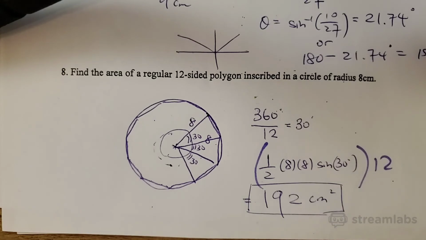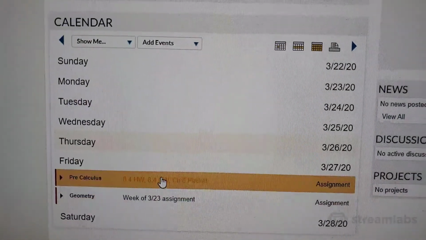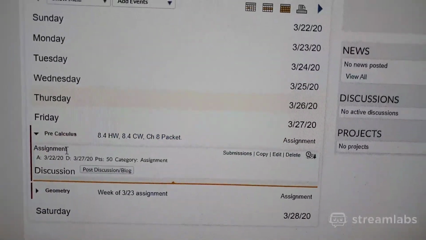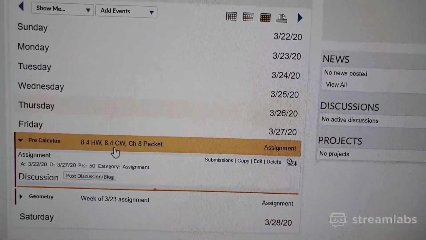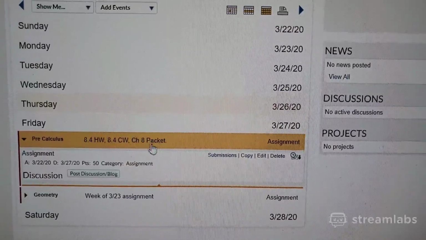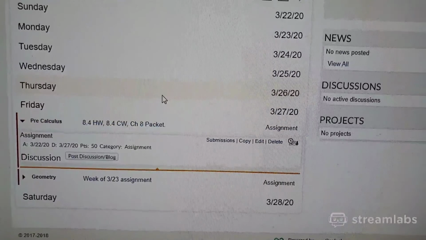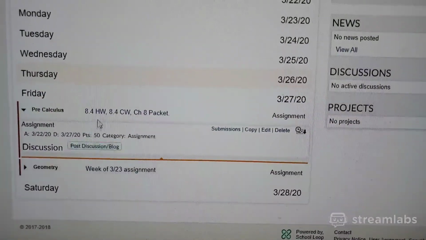Interesting. All right. So, take a look at this. On your calendar, you should see this is due. Pre-calc. And you'll have what's due today, which is 8.4 classwork, which is what you're doing right now. It's basically the whole packet, but you don't have to photocopy me the whole packet. Just take a picture of the last 5 pages that you did.